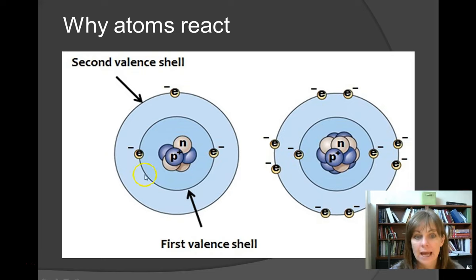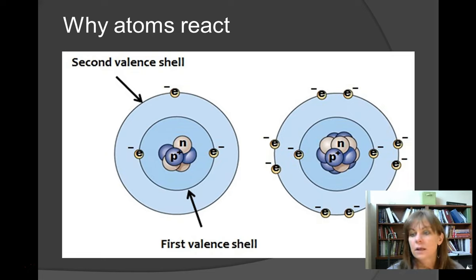So, atoms want each shell to be either completely full or completely empty. And what a reaction means is that they will either gain, lose, or share electrons to get their shells completely full or completely empty.